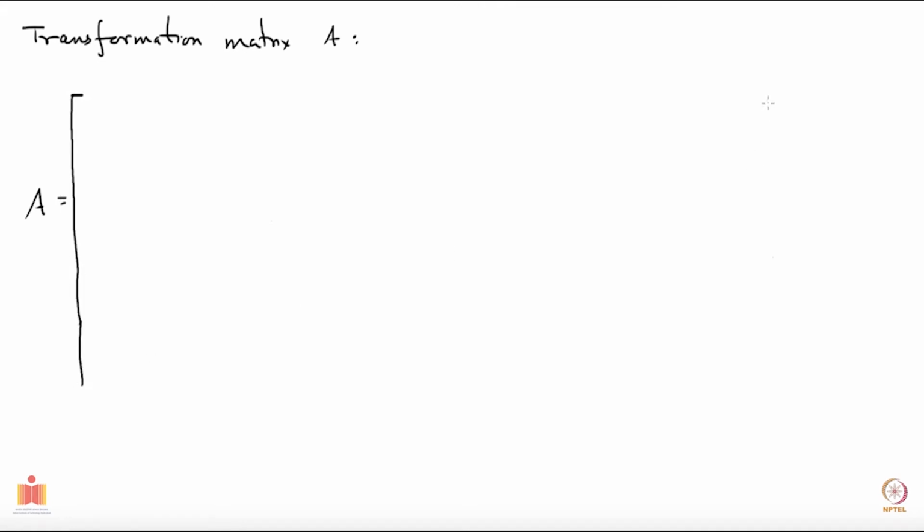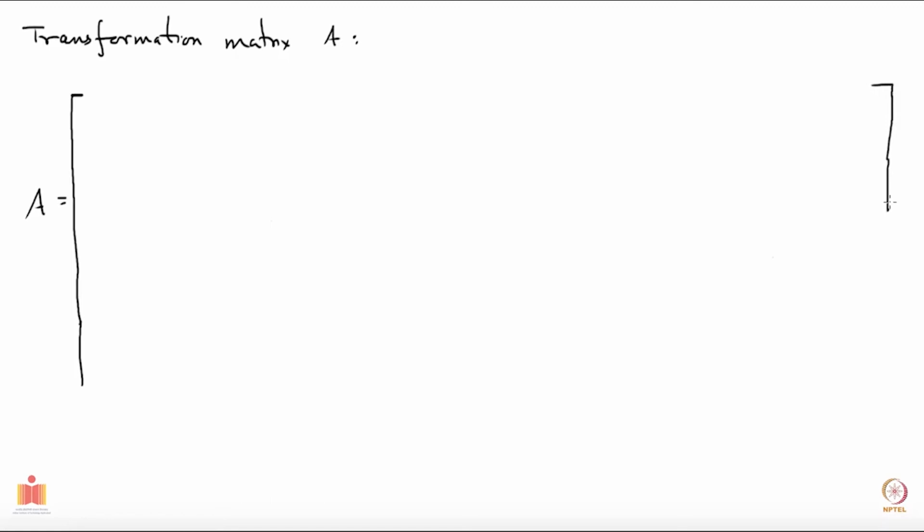So my matrix A parameterized in Euler angles is the following. It takes a while to write this. Let me see. I'll put the brackets later.